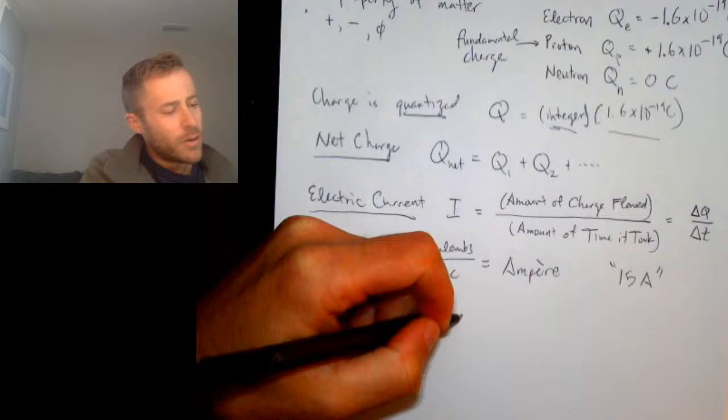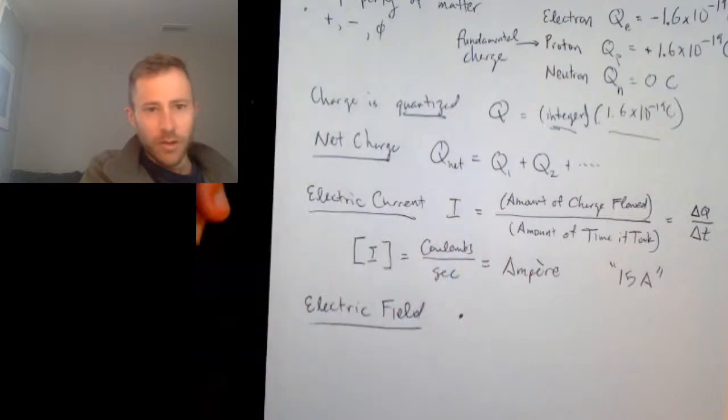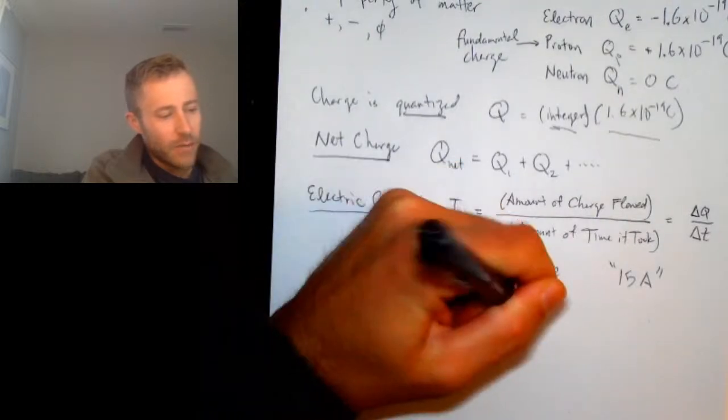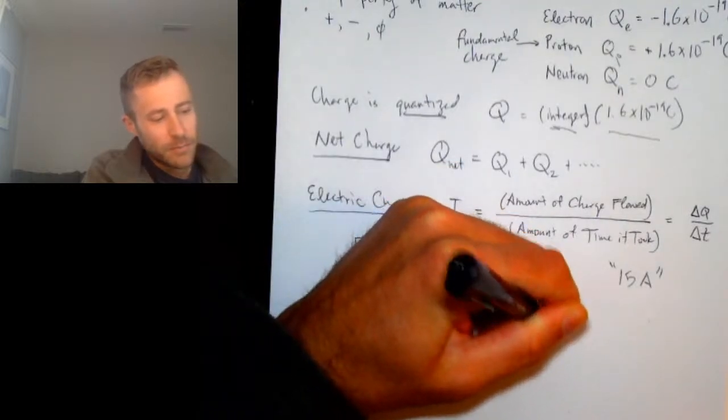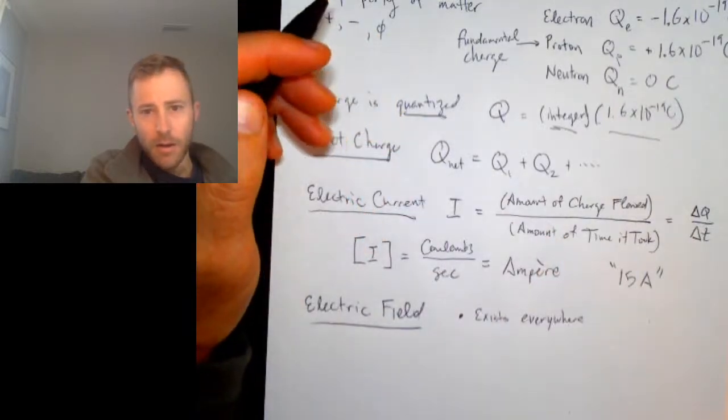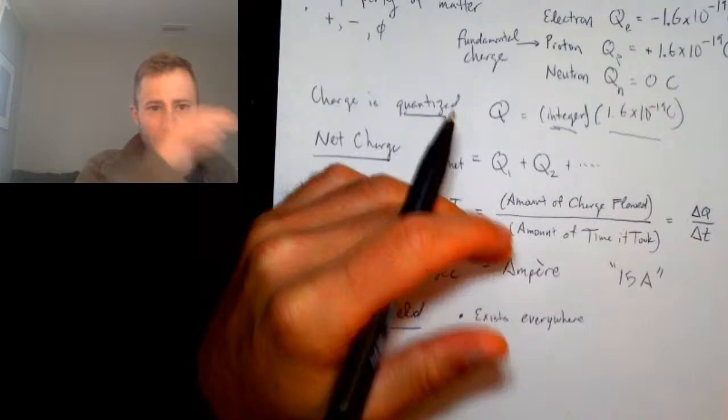Basically, the electric field exists everywhere. There's an electric field everywhere.